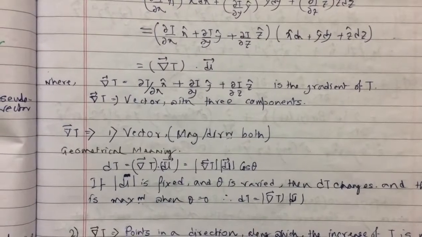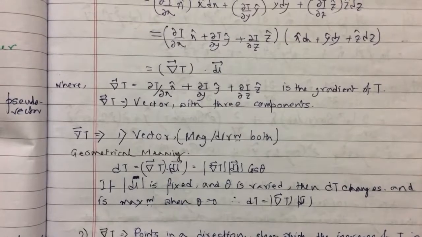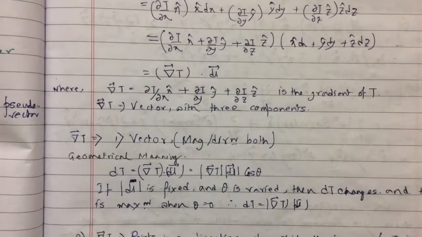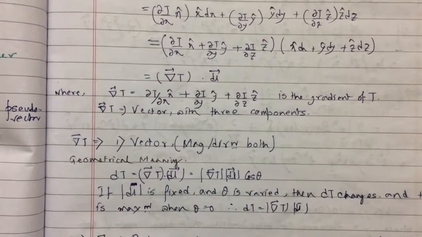So the maximum change in the function T is occurring when theta is equal to 0, কারণ আমরা জানি cos 0 equal to 1.